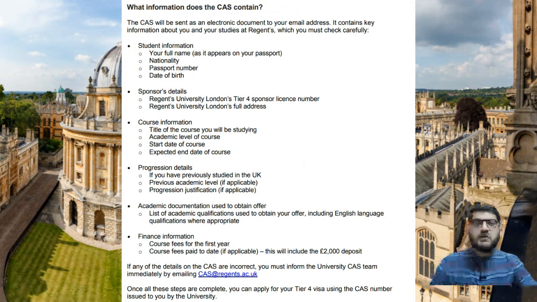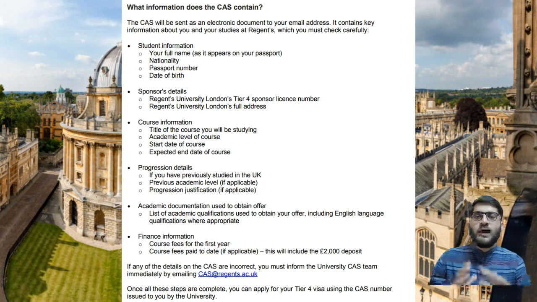So you can see on the board, this image shows you what information is given in the CAS letter. So first of all, the CAS letter contains the student information about your nationality, your passport number, and date of birth. Then second, it is required for a Tier 4 visa to study in the UK that a university has to sponsor you. So the university will become your sponsor. The sponsor's details will be given.